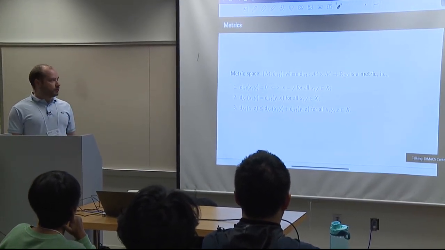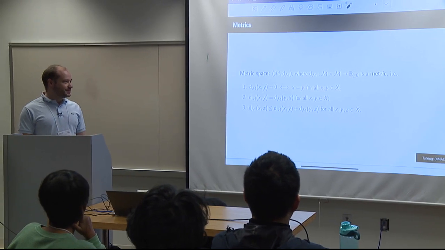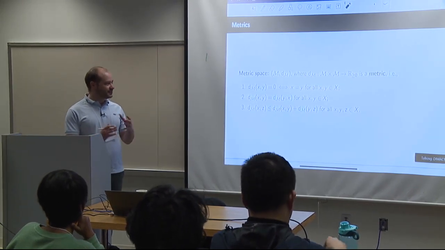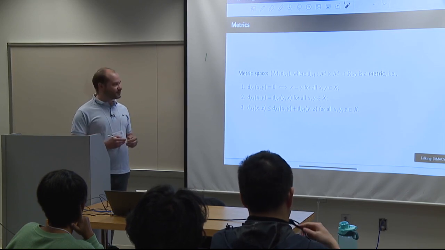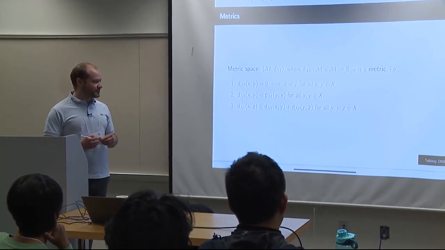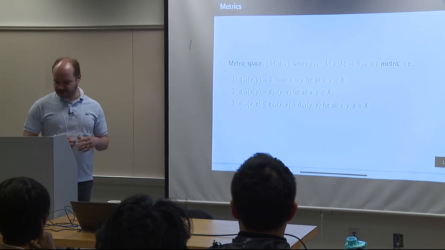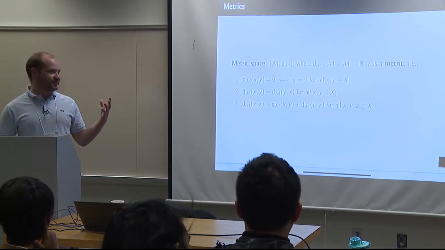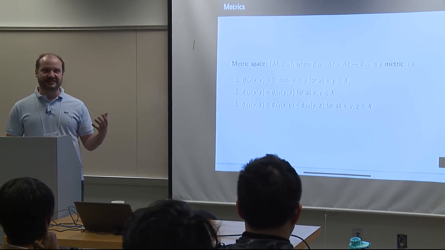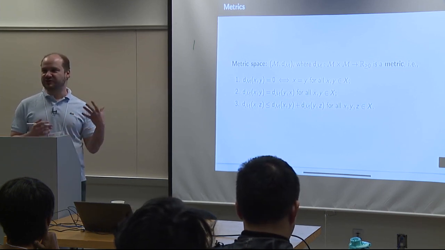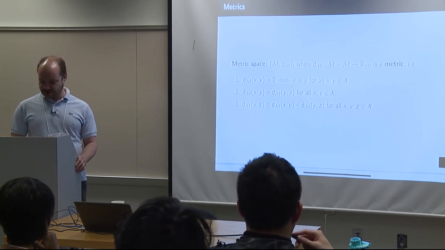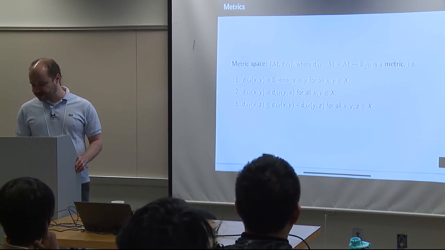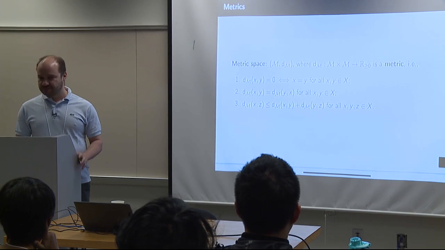Good. So this entire 2 hours we'll be talking about metric spaces. Let's just make sure we all know what a metric space is. These are the axioms of a metric space. I won't dwell on this because I do expect it's familiar to essentially everyone. Again, this is just a way to axiomatize what it means to measure distances. So a metric space is some set with the distance defined on it. The distance is what it sounds like.